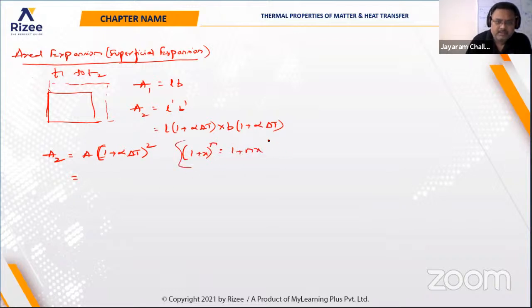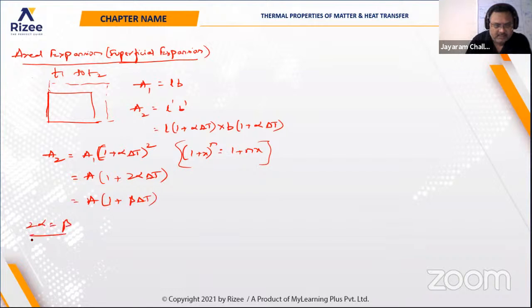Using this, A2 can be written as A1 into 1 plus 2 alpha into delta T, and this is 1 plus beta into delta T, where 2 alpha is nothing but beta, where beta is called the coefficient of areal expansion.